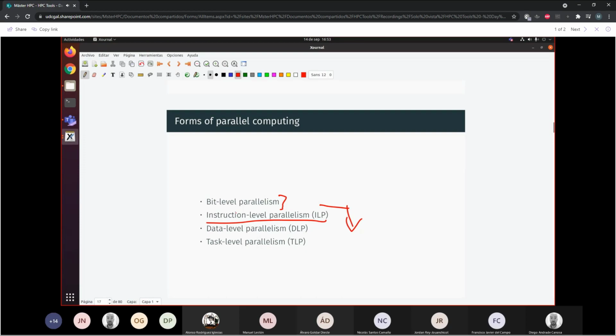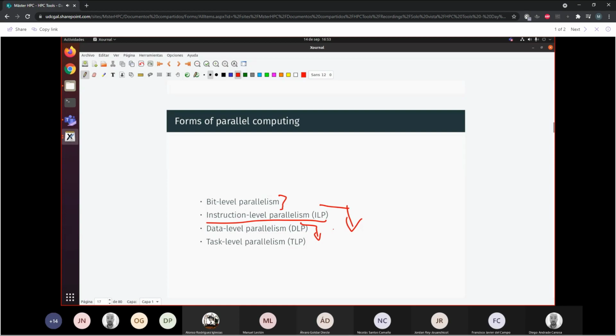Also, we have something that is called data level parallelism. And this is a type of parallelism that we are going to learn to exploit in this subject specifically. All modern processors have a type of special instructions that are able to execute the same operation on several pieces of data at the same time.